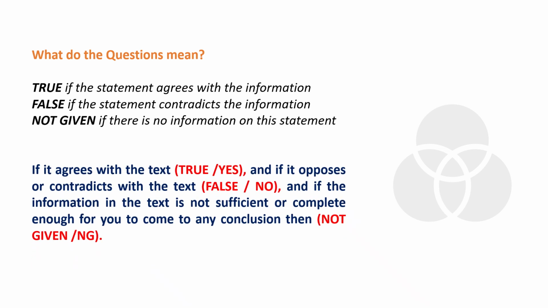Let's understand what exactly it means. If it agrees with the text, that basically means the question statement agrees with the text. So you read the question first and you understand what exactly the question is asking from you.